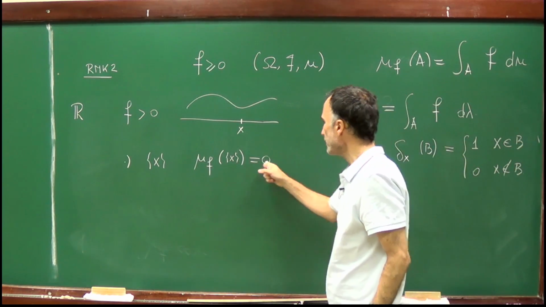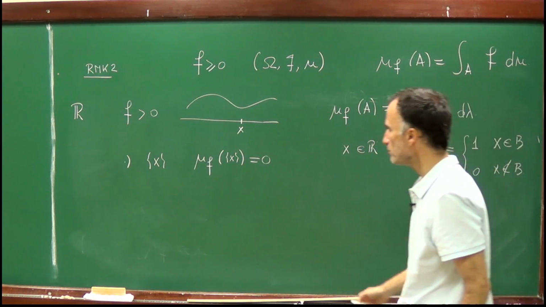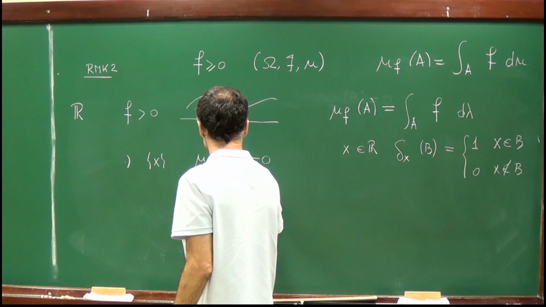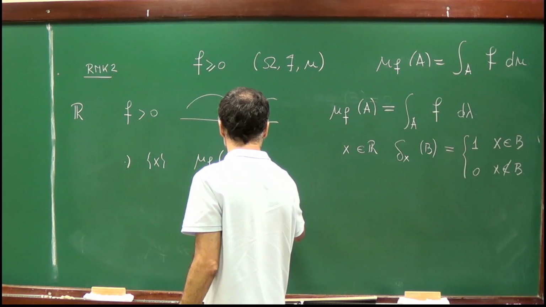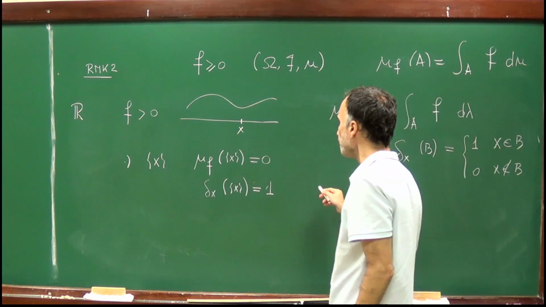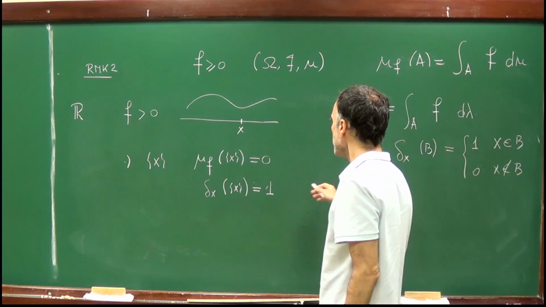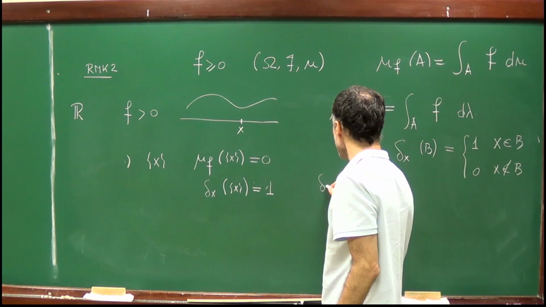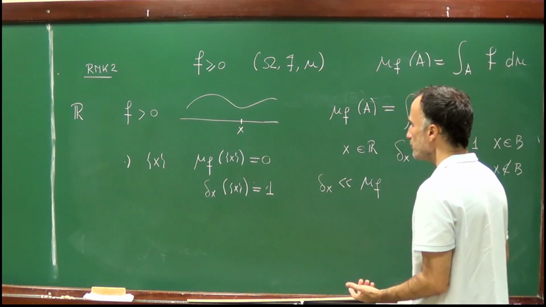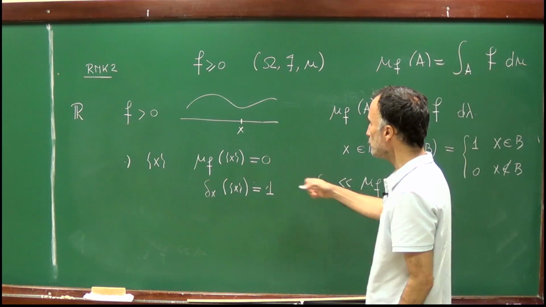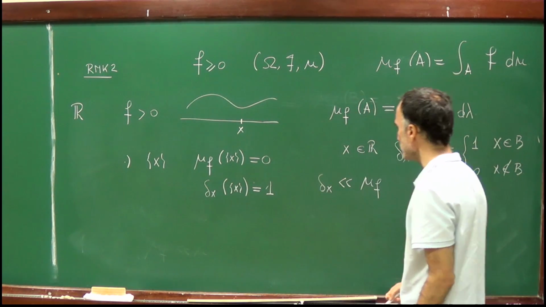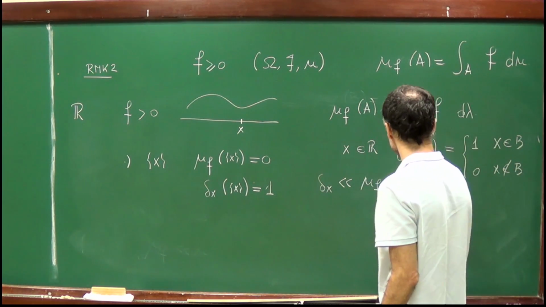So mu f at x is equal to 0, but delta x at x is equal to 1. So it's not true that delta x is absolutely continuous with respect to mu f. We just obtained a set such that mu f of it is equal to 0, but delta x of this set is not equal to 0. So this is false.